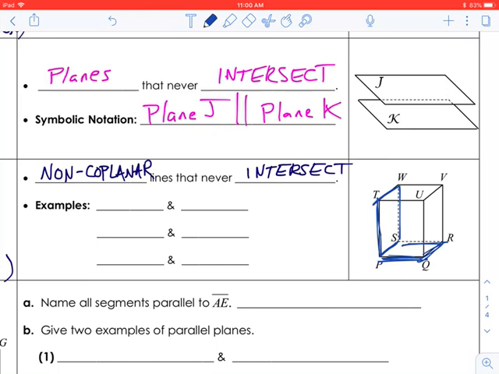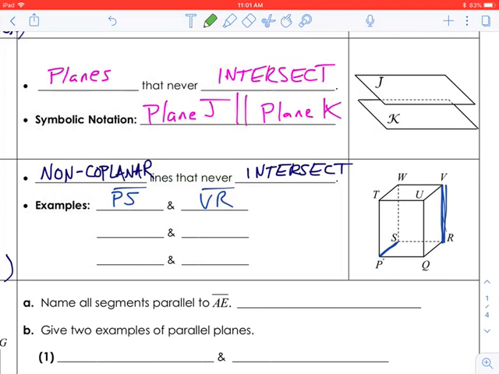So a skew line would be something that is not parallel and it's going in different directions. So for instance, we could have VR and SP, or PS. So PS and VR, one's going left and right, one's going up and down, and they're never going to intersect.